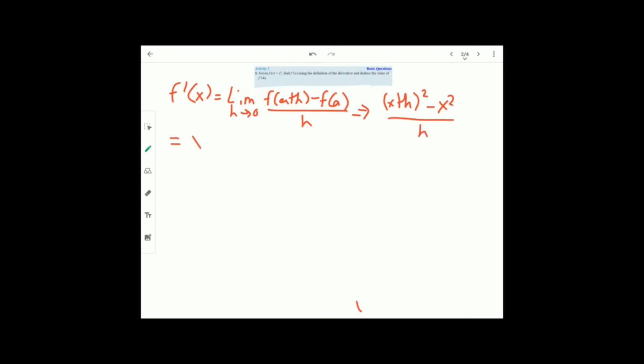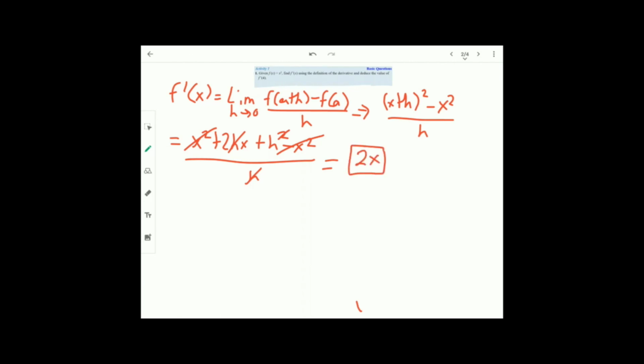You get x squared plus 2hx plus h squared minus x squared over h. x squared cancels. If we take the h out, we get this, this and this. Now since h tends to 0, it becomes 0. So the derivative is 2x.